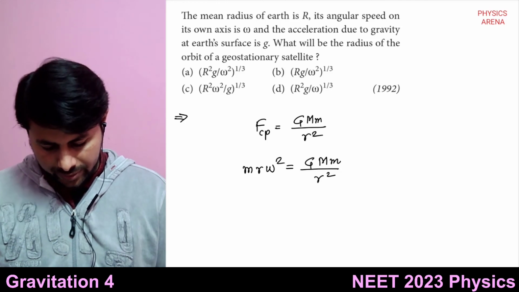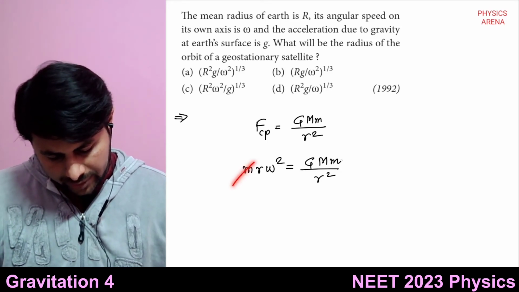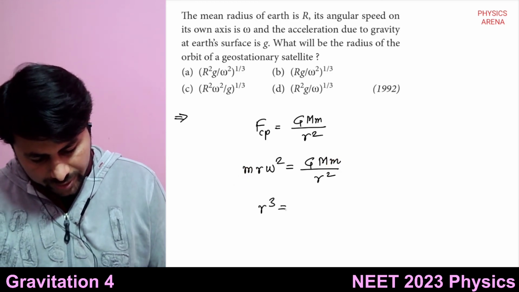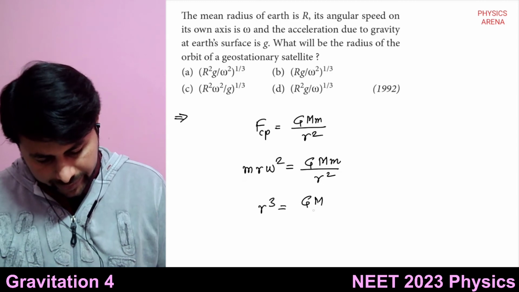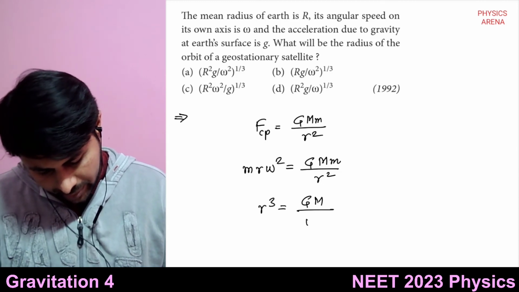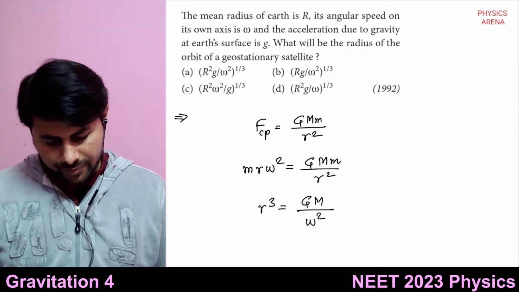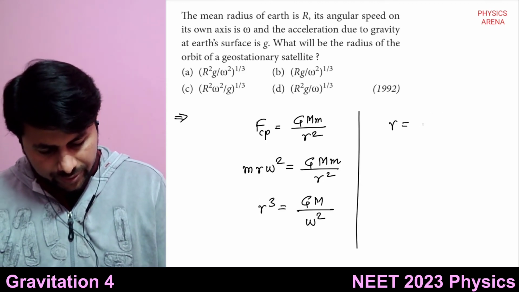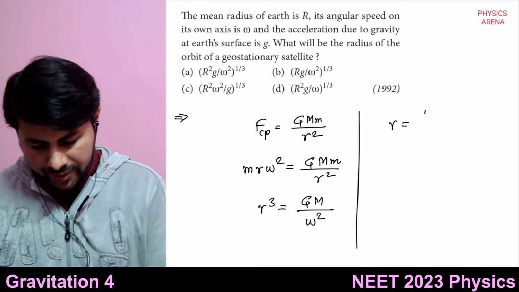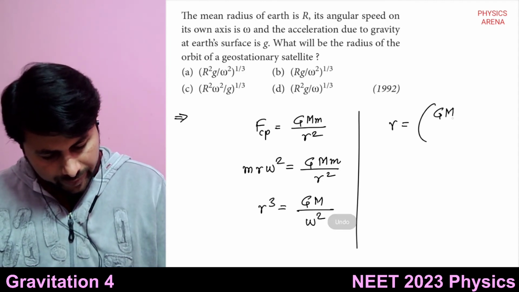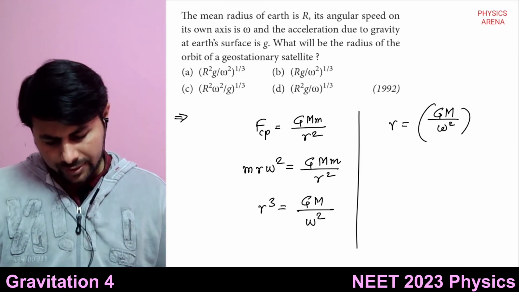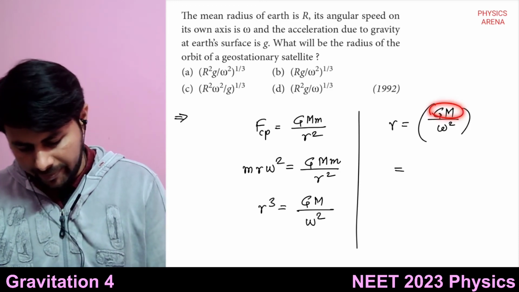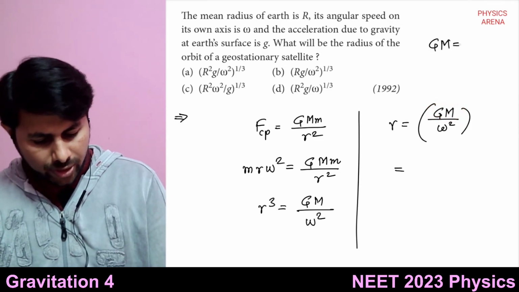Okay, and then this m and m get cancelled out, so we get r cube is equal to GM divided by omega square. Therefore r is equal to the cube root of GM upon omega square. Then we can substitute in place of GM the regular trick.